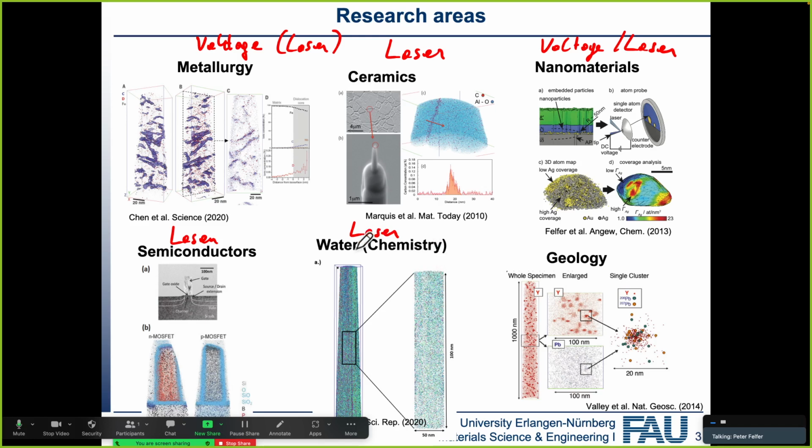And then we've got more modern things, like recently people have started doing measurements on water, where the water ice is frozen, and then you can look into the distribution of species in water. And this is, for example, really good if you want to do chemistry. If you go into chemical lectures, what you see is very nice computer models of where stuff is, but nobody has ever seen it.